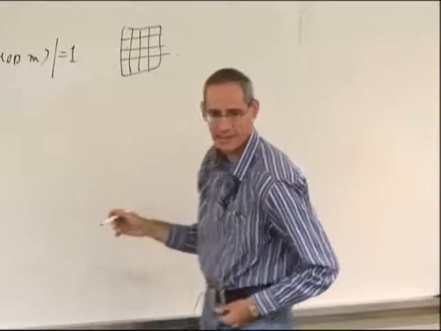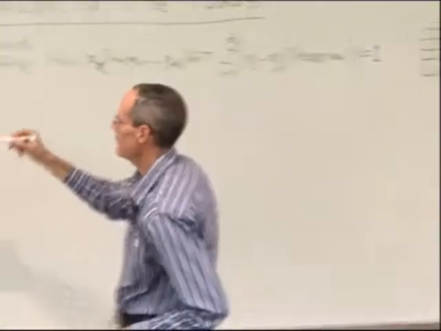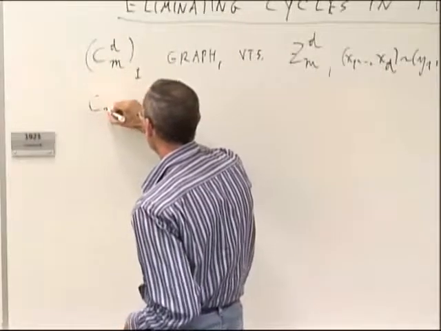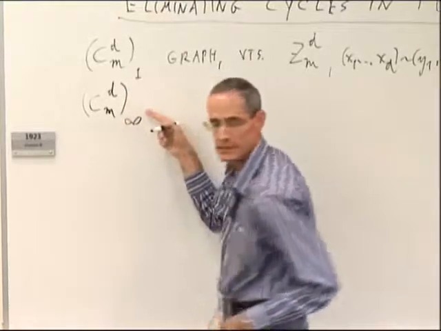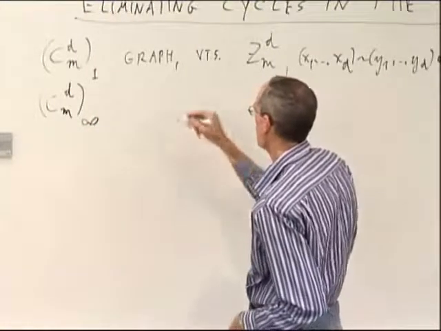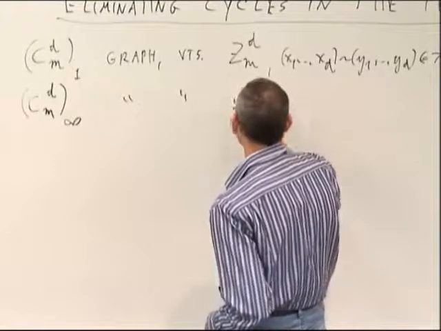So this is one. Then we'll have a similar graph of a torus. This will be C_m^d,infinity. So that's also a graph. And the vertices are the same.